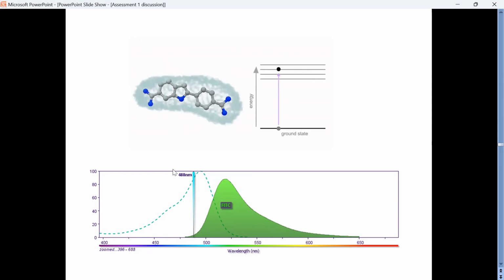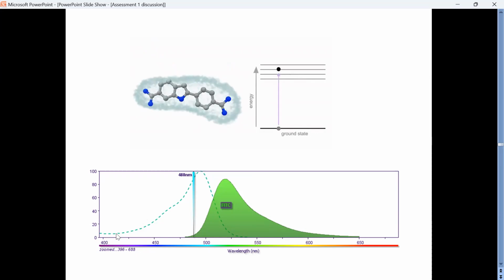Now some extra points about excitation and emission light. The range of light wavelengths which can excite a fluorochrome is called the excitation spectrum. For example, this is a FITC fluorochrome.